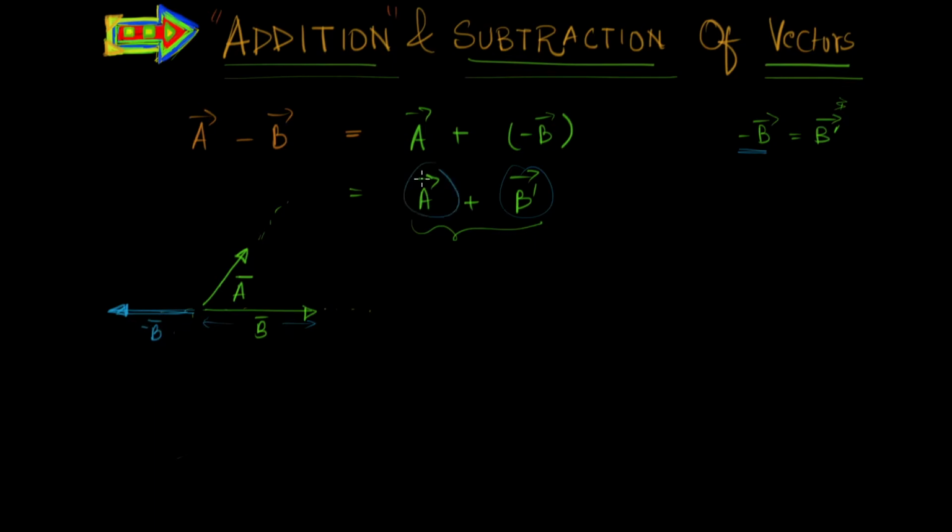Therefore, A and B prime, when added, would be giving rise to the resultant of A and B prime. And we can find that by drawing a parallelogram around A and B prime, or negative of B. Then, using this point and this point there, if we draw them up, connect them, then this would be A plus B prime. And since A plus B prime is the same as A minus B, then this length here represents the difference.